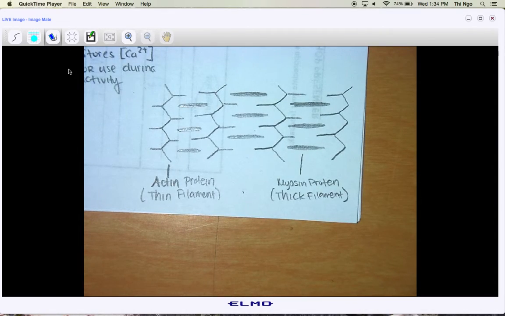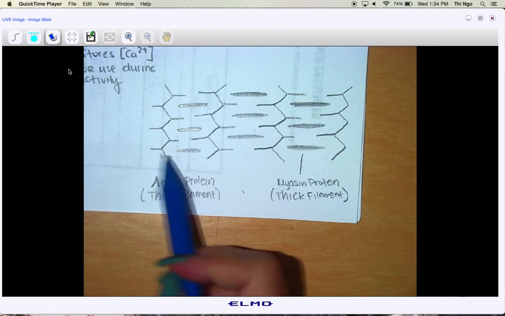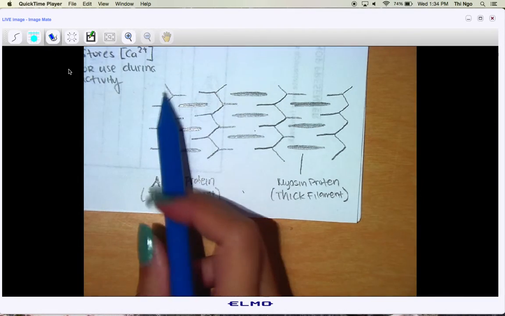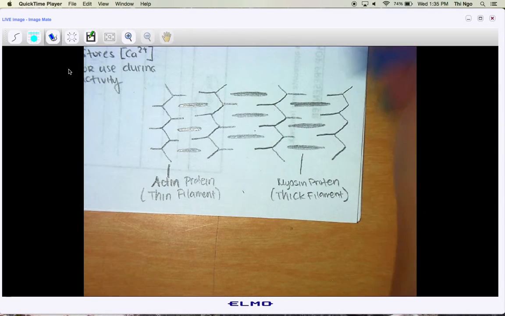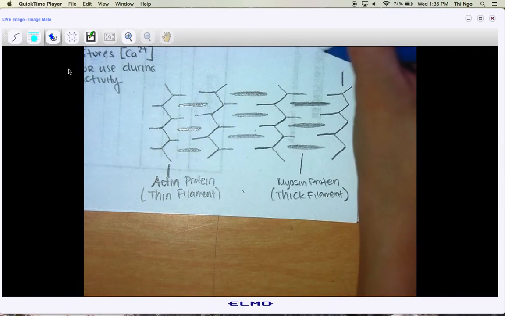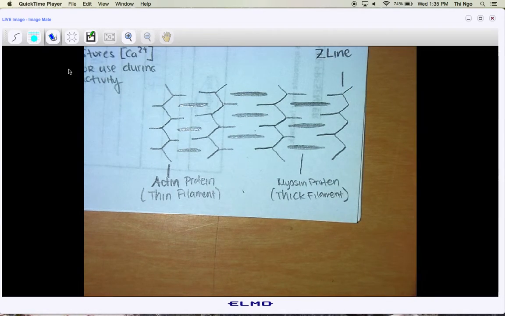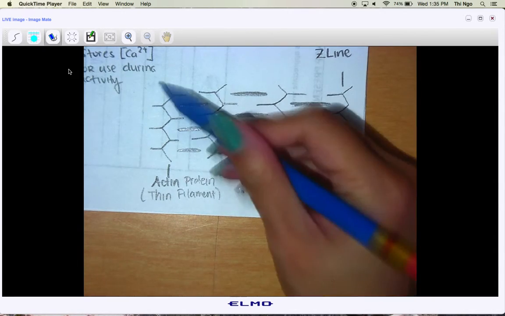Now, notice how the actin proteins form this zigzag shape. So this zigzag line is called the Z line. So there are multiple zigzag or Z lines.